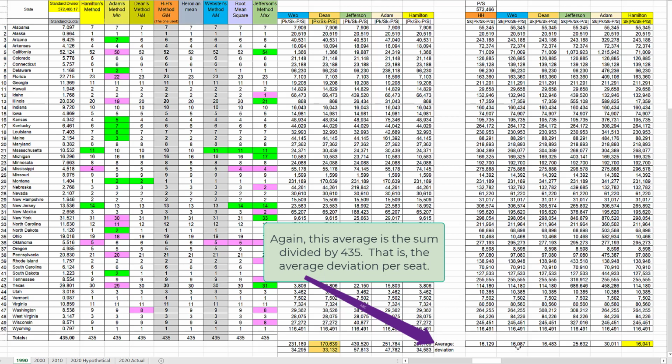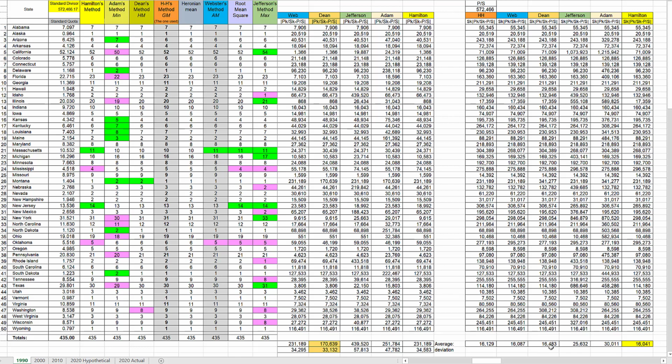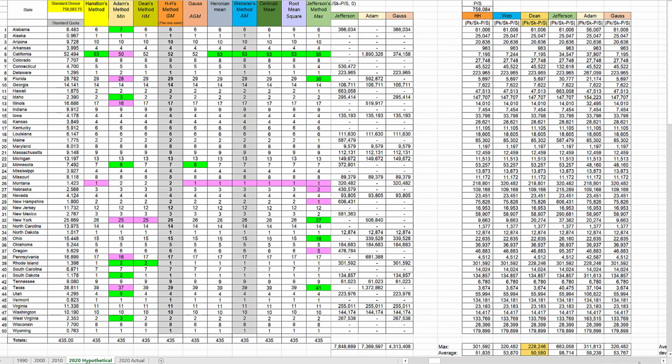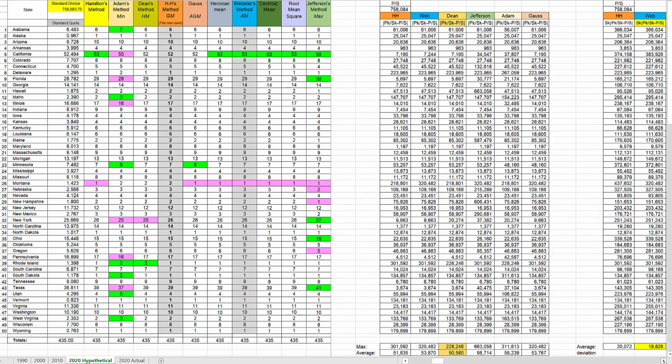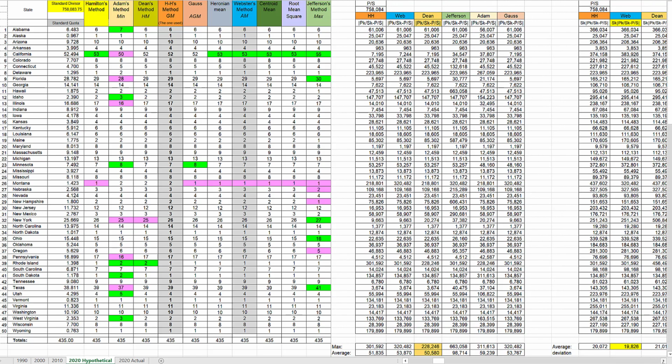Webster was second. Where's Dean? Dean, and then Huntington Hill, and then Dean. So Dean, which minimizes if you count each state as only one unit, is now further behind. And then for the hypothetical, again, people per seat minus the ideal, Dean wins. Multiply by how many states you got.